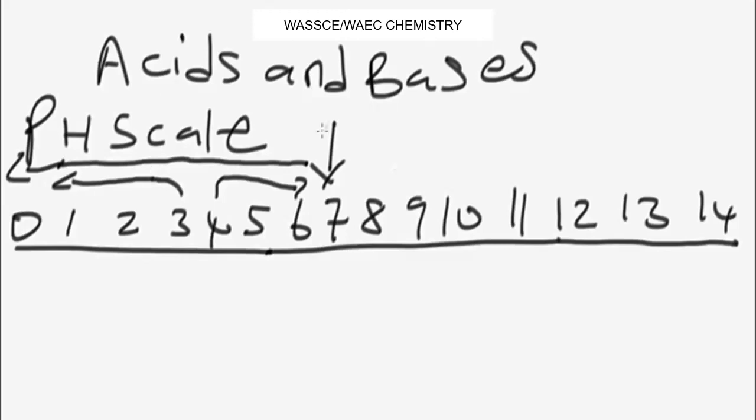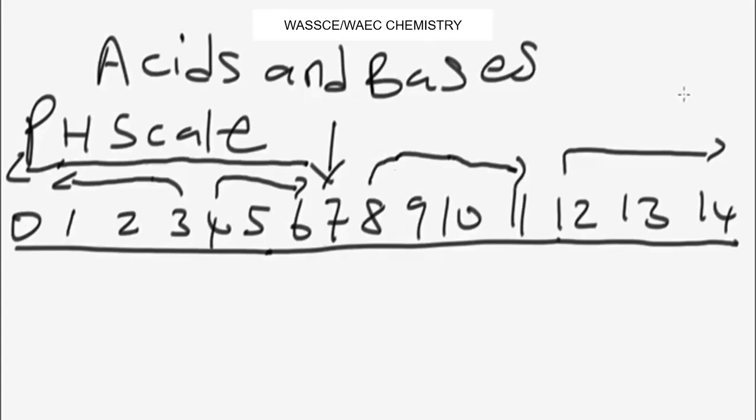Whereas from here, as you go forward on the pH scale, the more alkaline or strongly alkaline the solution will be. If you proceed from 8 to 11, you have a weakly alkaline solution, whereas from 12 to 14, you are said to have a very strong alkaline solution.